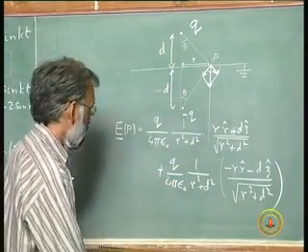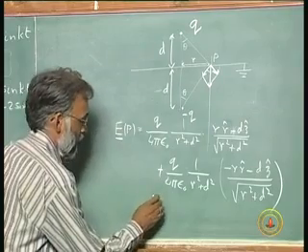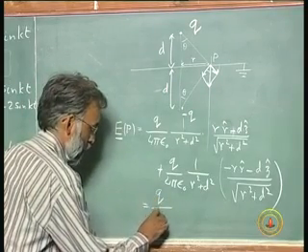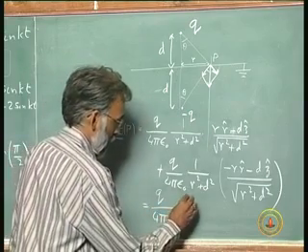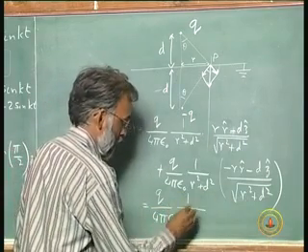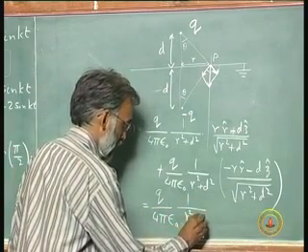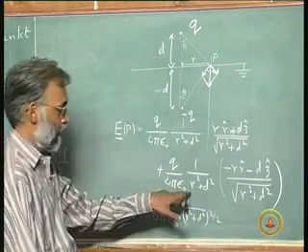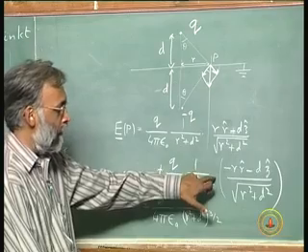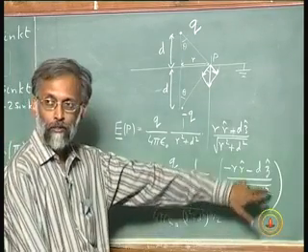So, the net result is I get an answer which says the electric field is q over 4 pi epsilon naught 1 over, if I combine these, r squared plus d squared to the power of 3 halves, that is r squared plus d squared to the power of 1 multiplied by r squared plus d squared to the power of half.